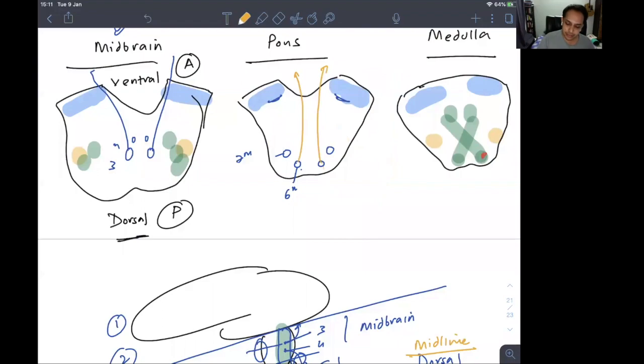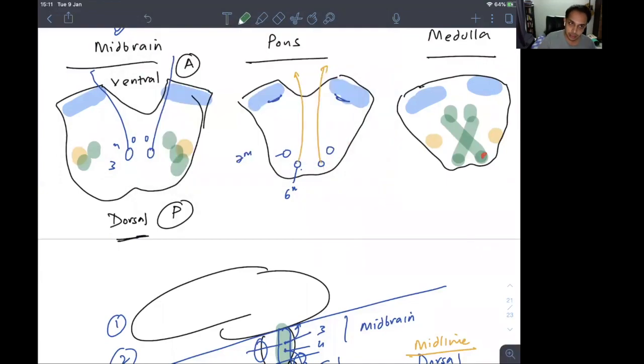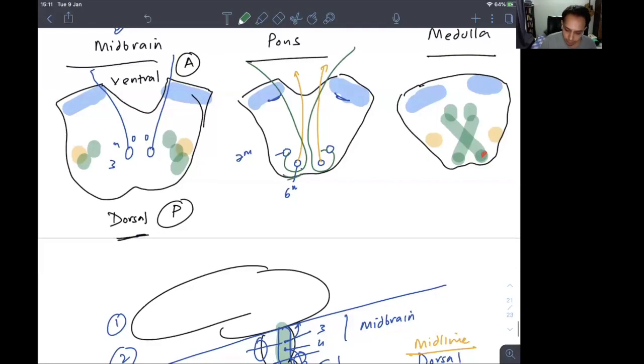Your sixth nerve nucleus, the nerve will come out straight ahead, but the seventh nerve nucleus will sort of loop around the sixth nerve nucleus, and it will form a bulge behind, which is known as the facial colliculus.